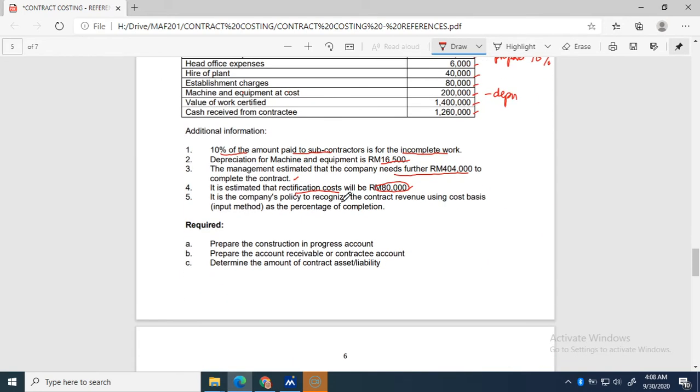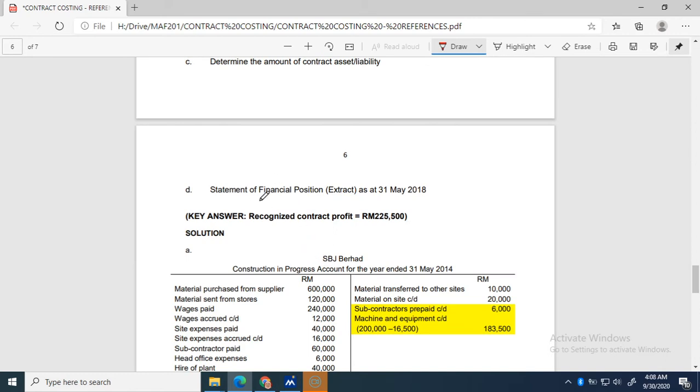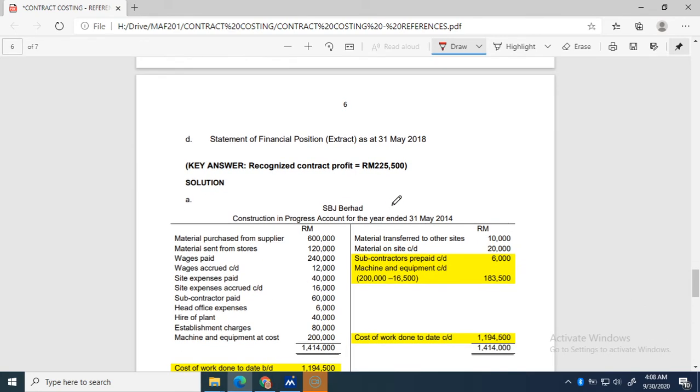Then the company uses the policy of recognizing revenue on a cost basis, that means the input method, for the percentage of completion. So you are required to prepare construction in progress, prepare the accounts receivable or contract accounts, determine the amounts of contract asset or liability, and show the statement of financial position as at 31st May 2018.